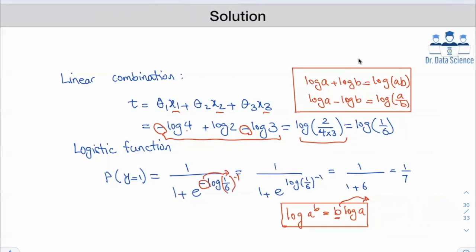Now we have exponential and logarithm, and these two cancel each other, which means we get whatever is inside, which is 1 over 6. Once more, you have to invert this, and that will give you 6. So at the end, you get 1 over 1 plus 6, or 1 over 7. This is the probability that this document with this feature set belongs to the class sports.